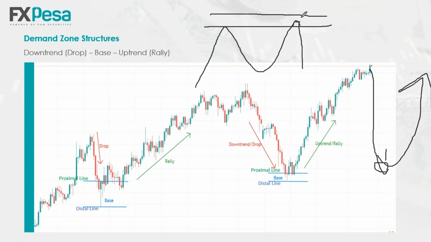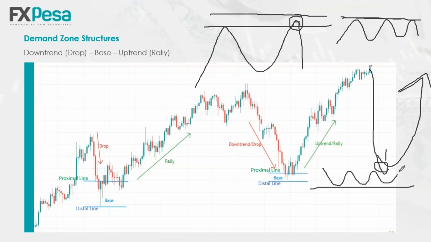So with supply and demand, the first retest is what we consider to offer the best opportunity to trade. When it comes to resistance and support, the more an area has been retested, the stronger we consider that level to be. So that is the difference between support and resistance with supply and demand.